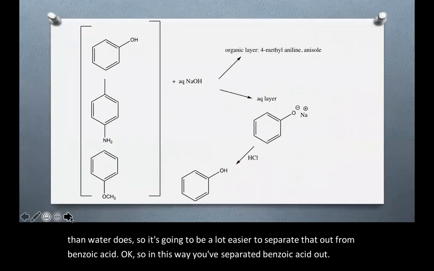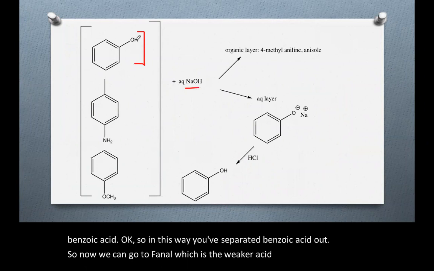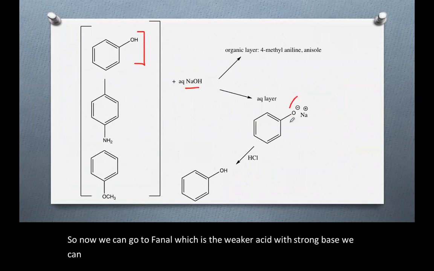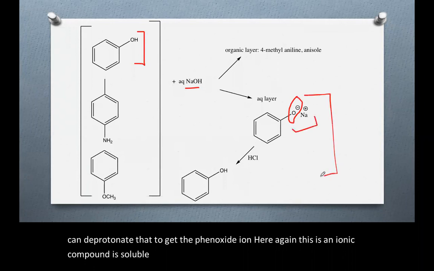All right, so now we can go to phenol, which is the weaker acid, with strong base. We can deprotonate that to get the phenoxide ion here. Again, this is an ionic compound. It's soluble in water. This will be the bottom layer in our separatory funnel. We'll drain that off.